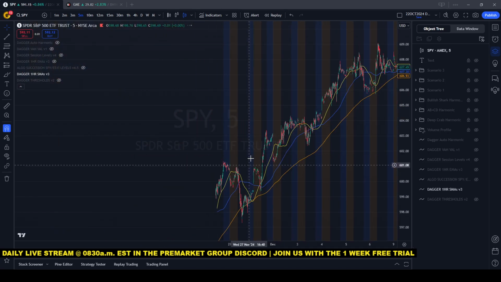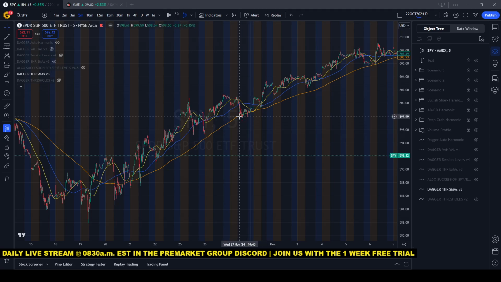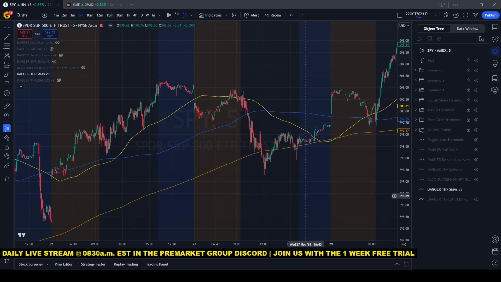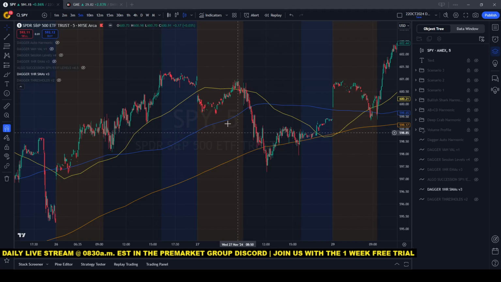Let's see if I can make something of this here. So here's the 27th of November, and you can see we actually traded a little bit below, but then we recovered off that 50 SMA, signaling we're not going to go much lower.